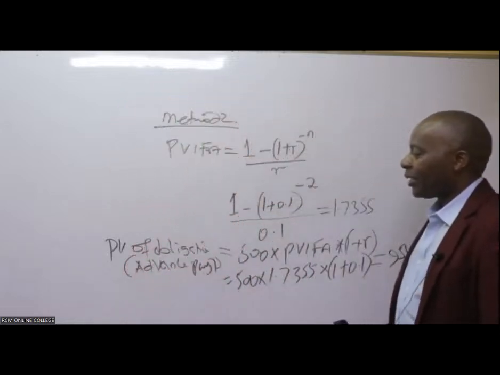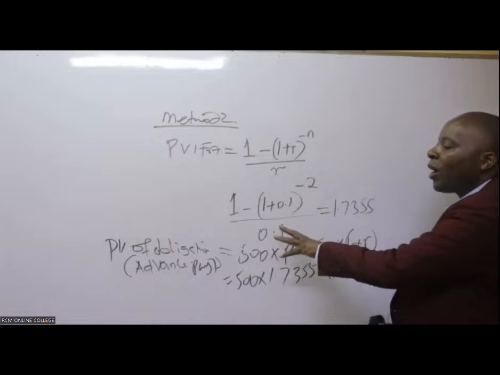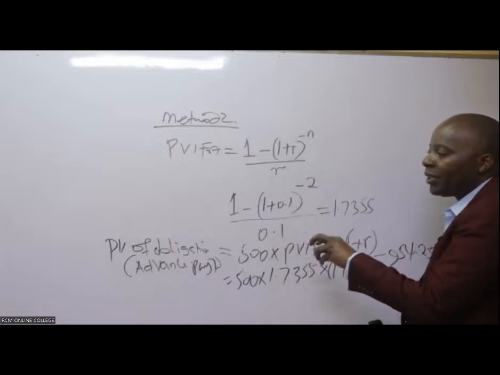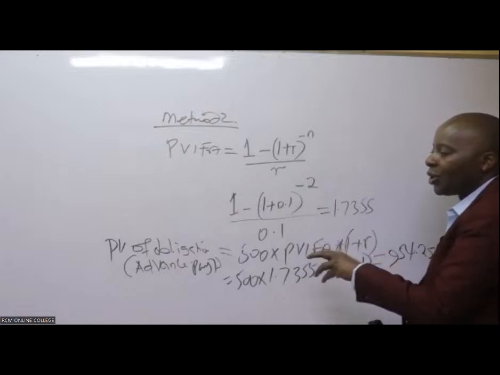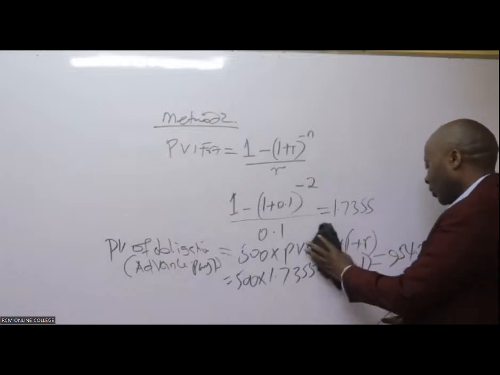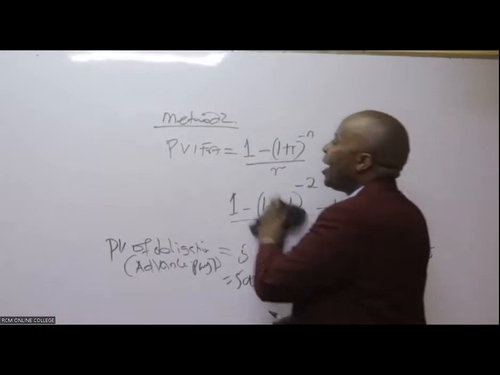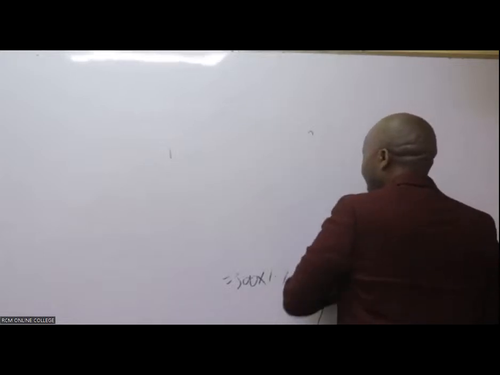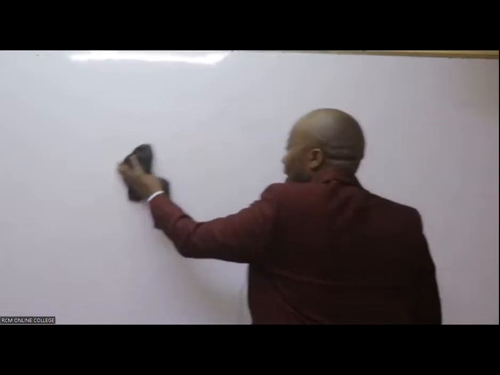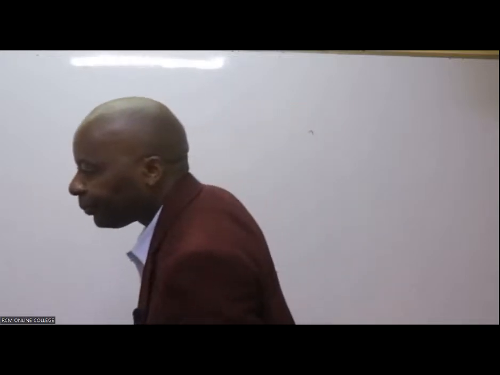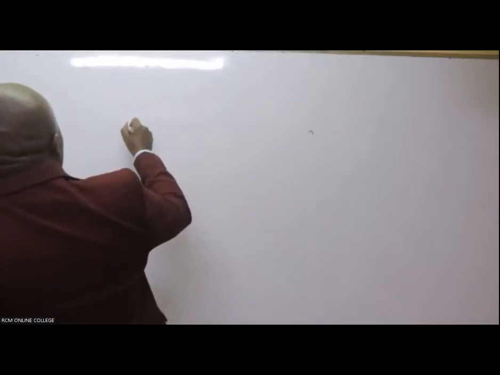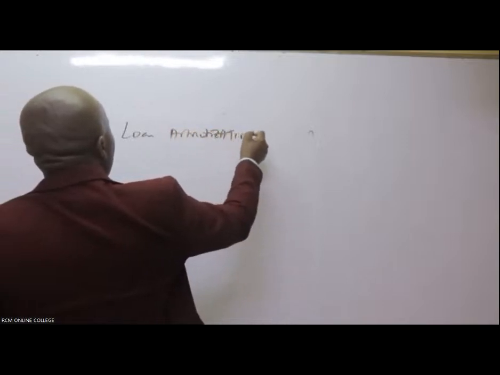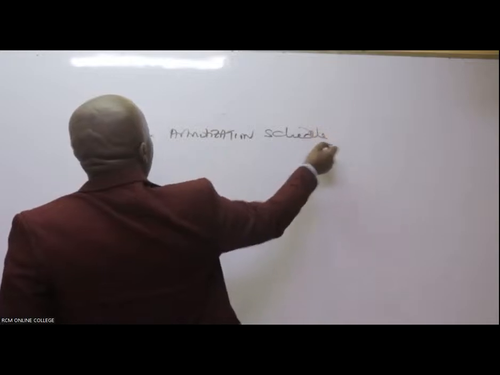Great. So then from here, let's do a loan amortization schedule. Once I get this present value of obligation, I'll always do a loan amortization schedule.